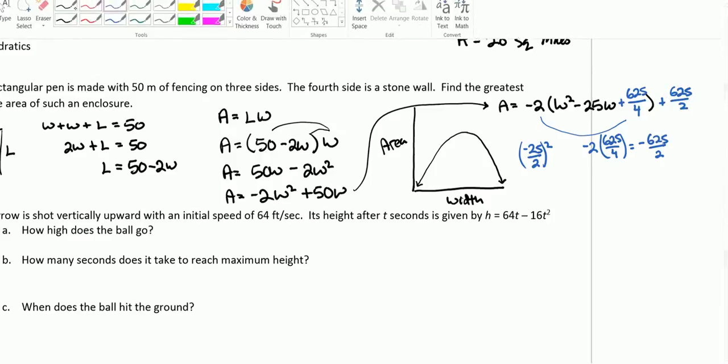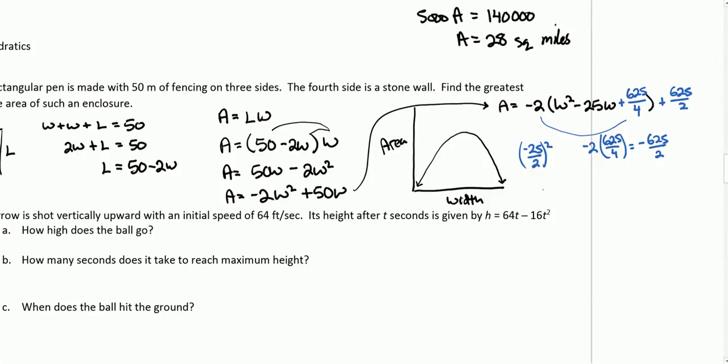And then we can factor this. And we get the area is equal to negative 2 times (W minus 25 over 2) squared plus 625 over 2. So our vertex is 25 over 2 comma 625 over 2.